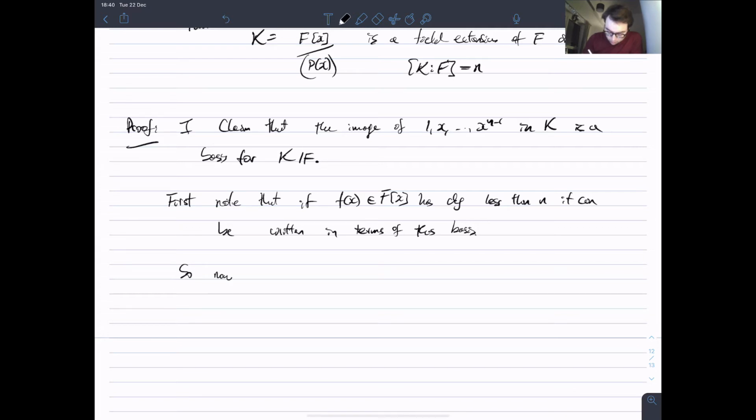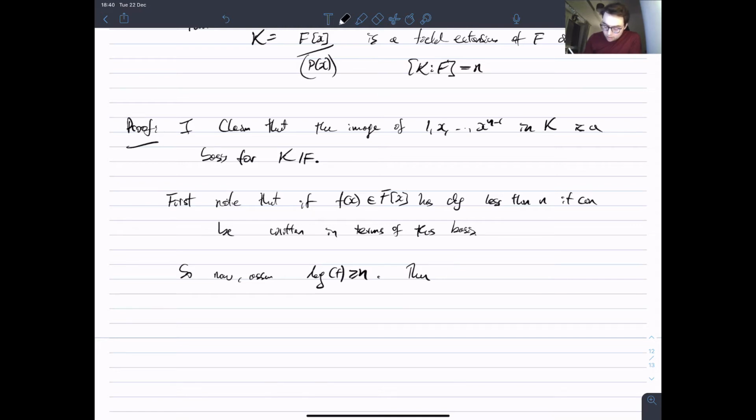So now assume the degree of f is greater than or equal to n. Then this is where the Euclidean domain and having a Euclidean algorithm helps us.